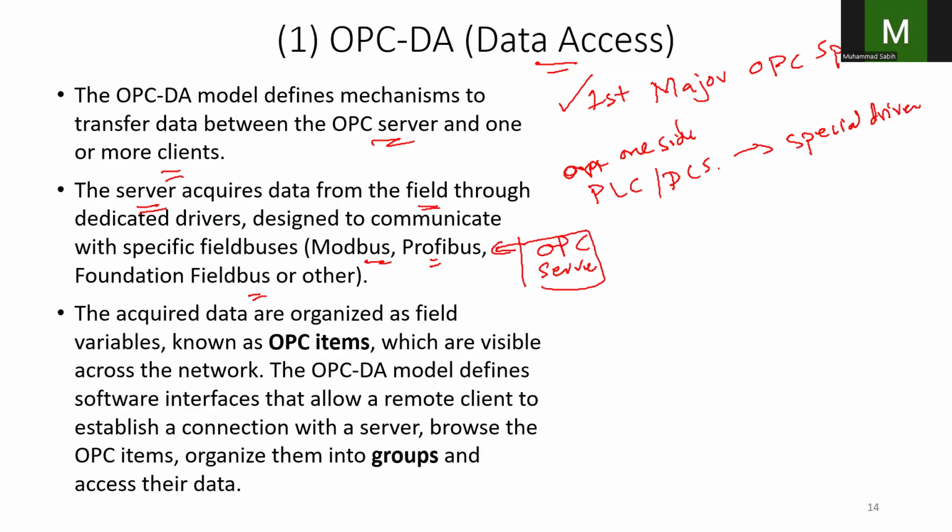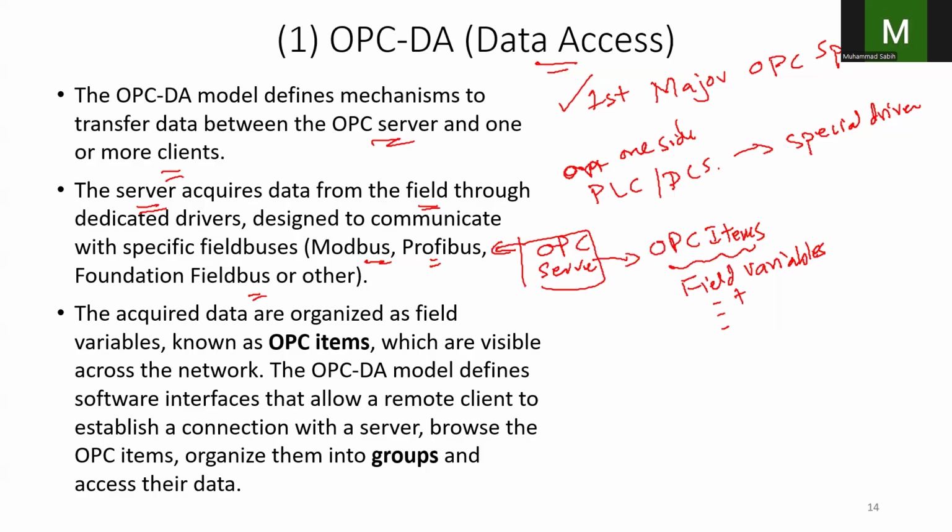Once the data is collected by the server, it is organized into OPC items, which are essentially the field variables, now available to the OPC clients.